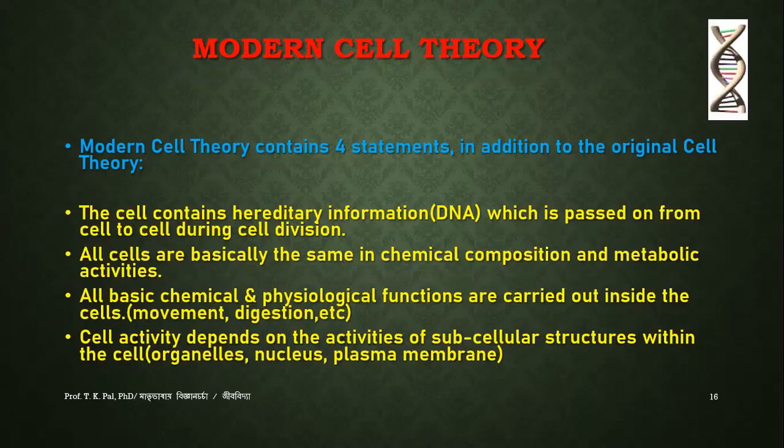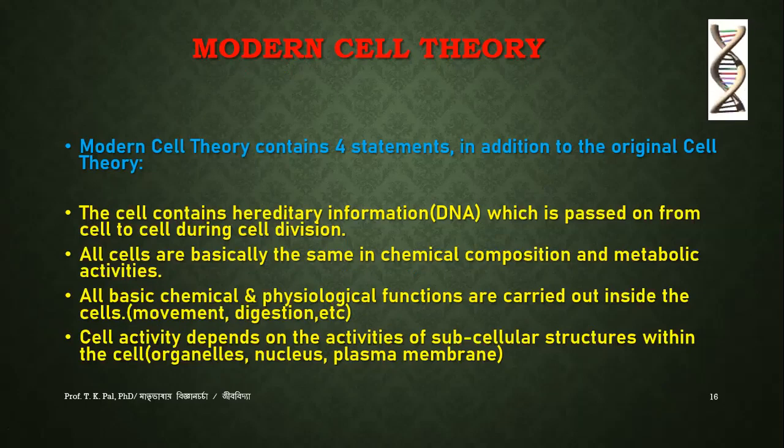So all cells are basically the same in chemical composition. Every cell has a similar type of composition and cellular components: DNA, protein, RNA, whatever it may be. Other components are also there. And the metabolic activity performed by every cell is the same. All chemical or physiological functions carried out by the cell, physical movement, respiration, digestion, everything.